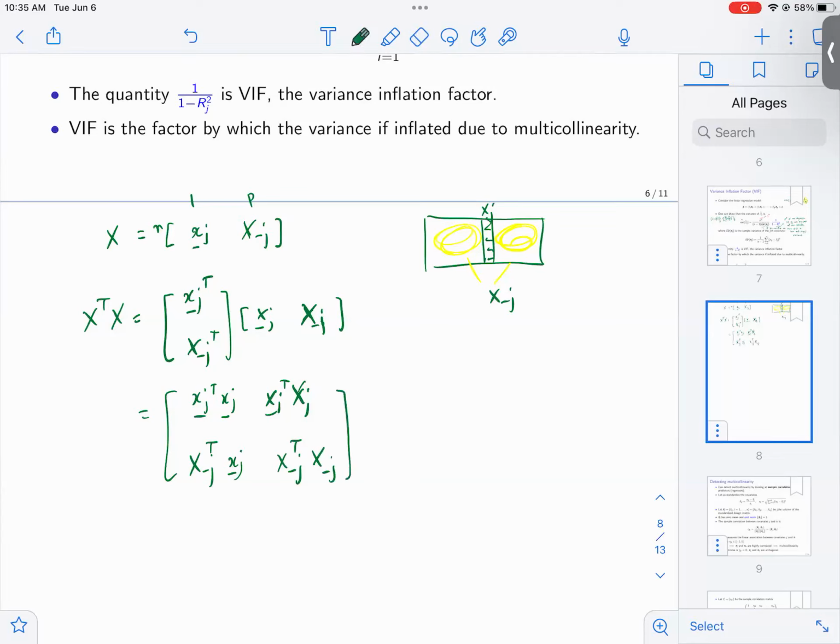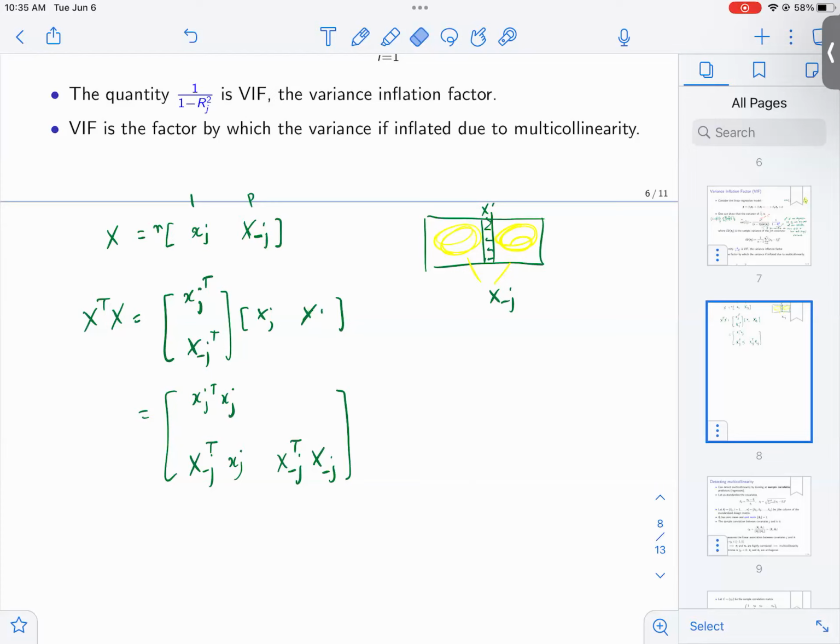Here x minus j is just my notation for all the columns except j, and xj is the jth column.